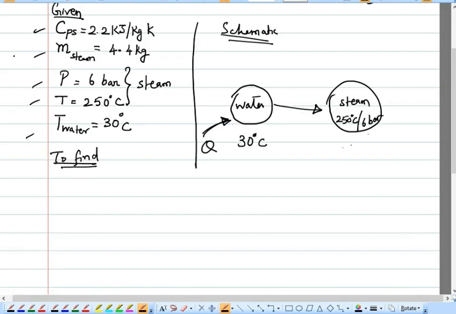Also given the mass of the steam that has to be produced is 4.4 kg. So 4.4 kg of steam has to be produced at a temperature of 250 degrees Celsius and pressure of 6 bar from water at 30 degrees Celsius. Now, what is the amount of heat that has to be supplied? You are asked to find the heat supplied.